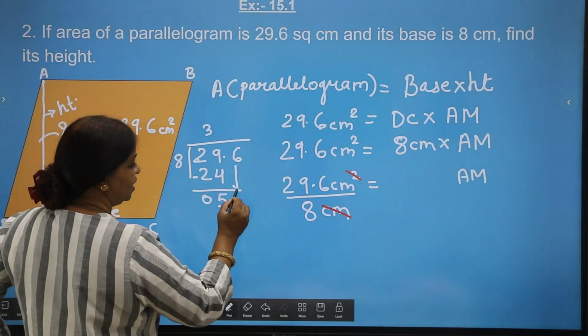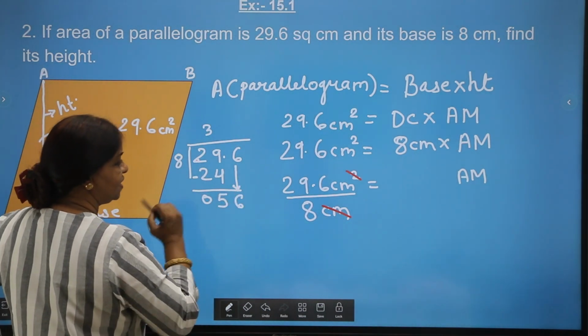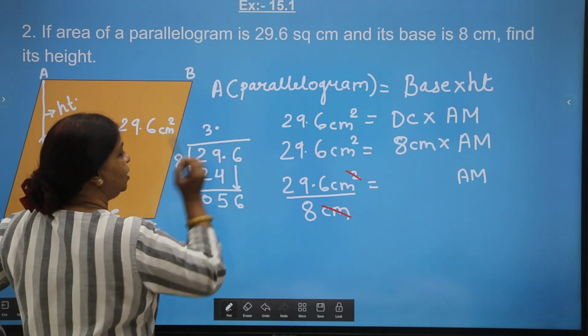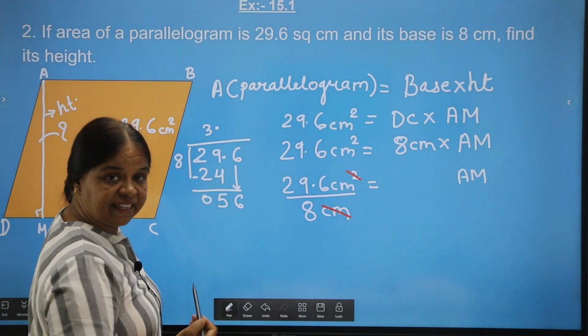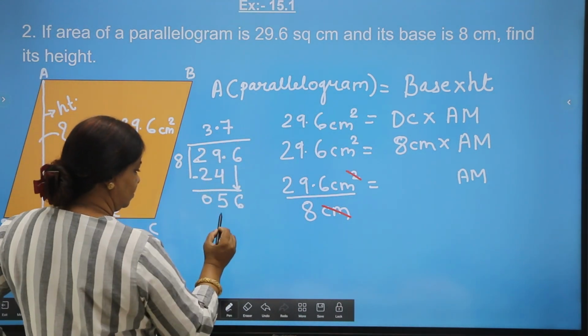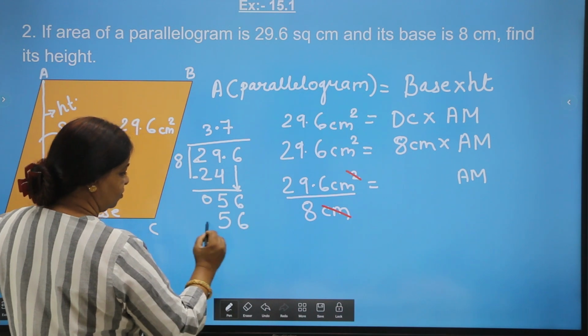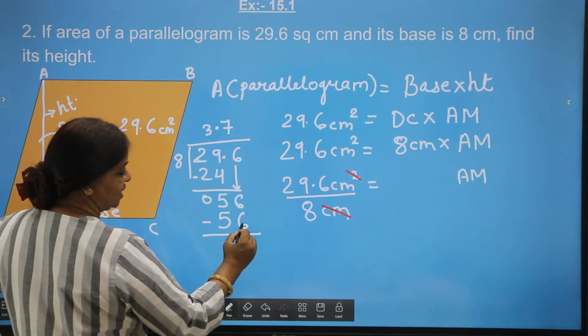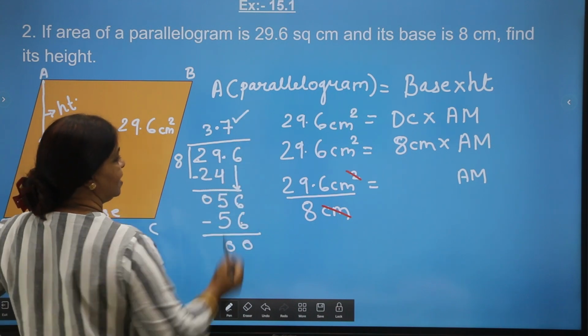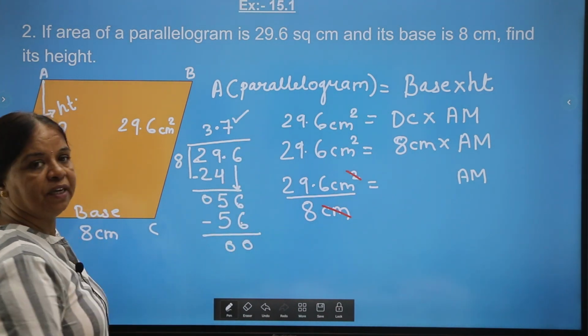I am going to bring 6 down, it will be 56. But here point is there after this number, so I will place the point here. 8 sevens are 56. 56 minus 56, 6 minus 6, 0, 5 minus 5, 0, and your answer is 3.7 centimeter.